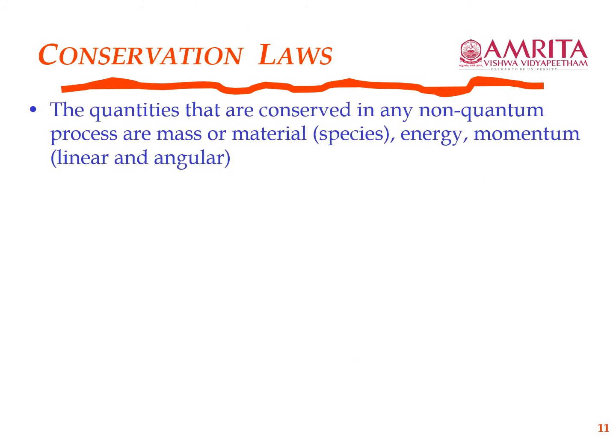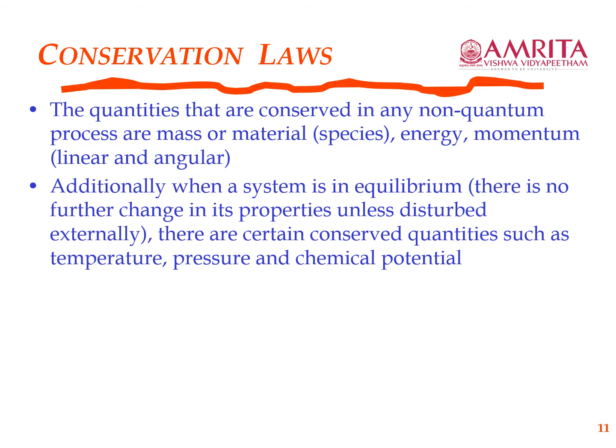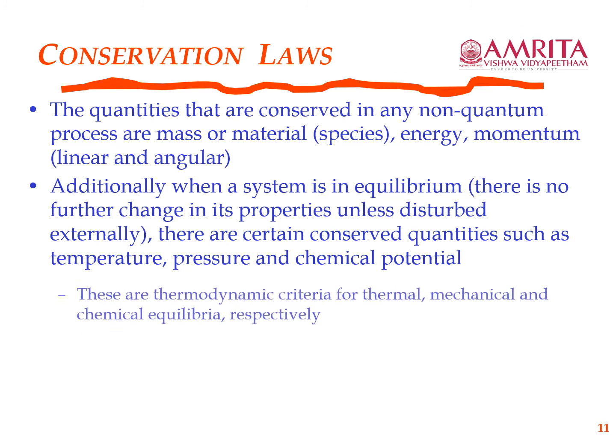If you look at the conservation laws, the quantities that are conserved in any non-quantum process, and that's what our focus is going to be, are mass or material, which is species, energy, and momentum, and momentum could be linear momentum or angular momentum depending on the nature of the process. Additionally, when a system is in equilibrium, in other words, there is no further change in its properties unless disturbed externally, there are certain conserved quantities like temperature, pressure, and chemical potential.